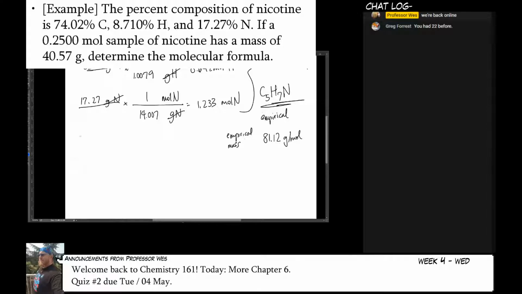But what we do know is that for the molecular compound, 40.57 grams would be this many moles, right? And so if I just do this division, I can actually get the molar mass in grams per mole, which ends up being this.